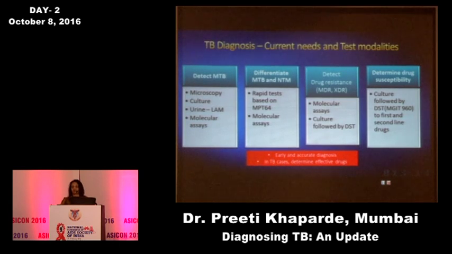The currently available molecular assays tell us information about anti-TB drugs that should not be used, but that is not enough, and therefore we still need to rely on culture DST, that is the conventional liquid culture DST, to find out which drugs can be used.